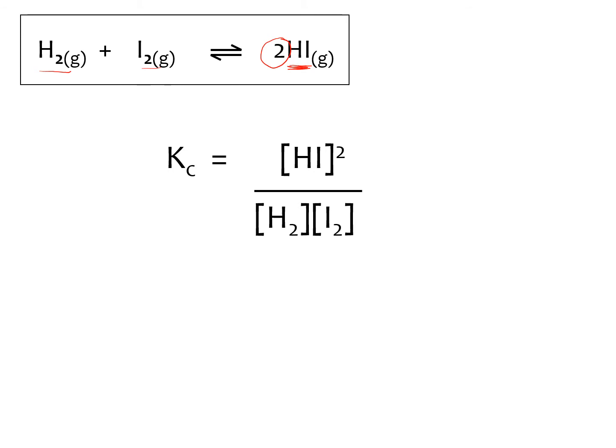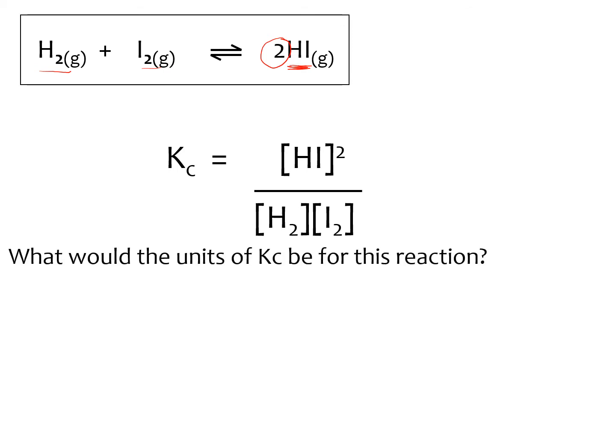If we had the concentrations at equilibrium, we could simply put them in to that expression and we would get a value for Kc. But we also have to consider what would the units of Kc be for this reaction. Concentration is measured in moles per decimeter cubed, and it will always be measured in moles per decimeter cubed for Kc.